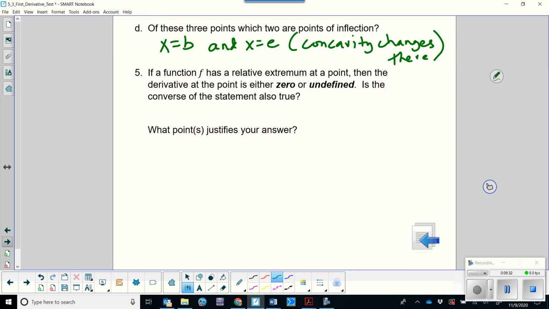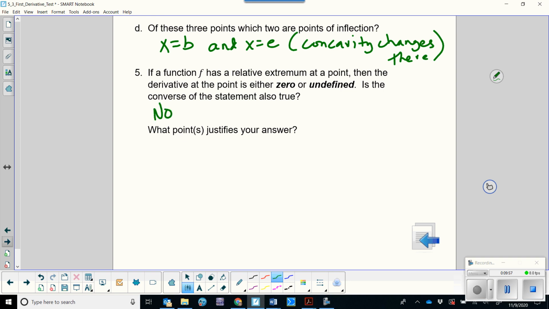If a function has a relative extremum at a point, then the derivative at these points is either 0 or undefined. Is the converse of this statement true? The converse would be: if the derivative is 0 or undefined, then you have a relative extreme point. Okay? Well, it's not necessarily true.